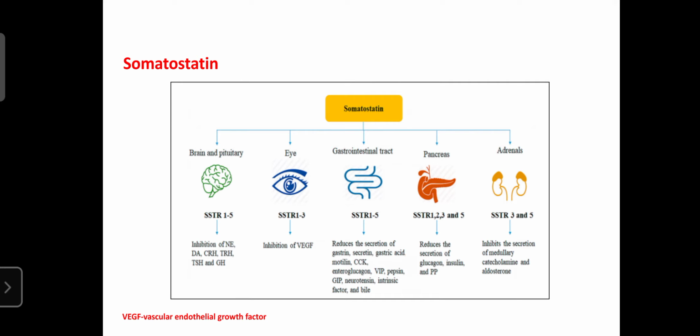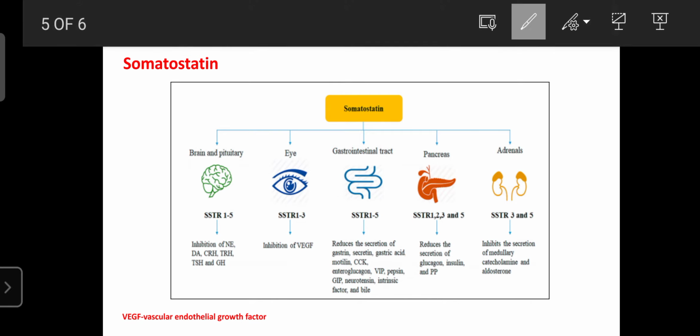In the brain and pituitary gland, it can inhibit the release of growth hormone, as well as certain neurotransmitters like noradrenaline, dopamine, CRH, corticotropin releasing hormone, then TRH, thyroid releasing hormone, then TSH, the thyroid stimulating hormone, and GH stands for growth hormone.